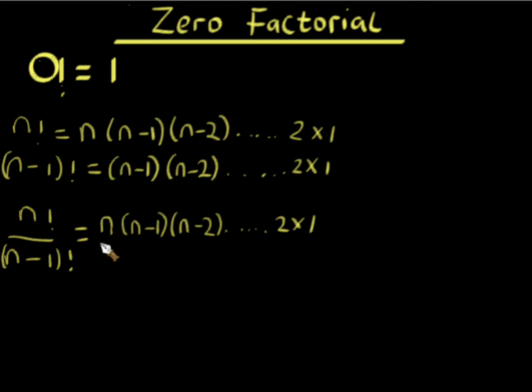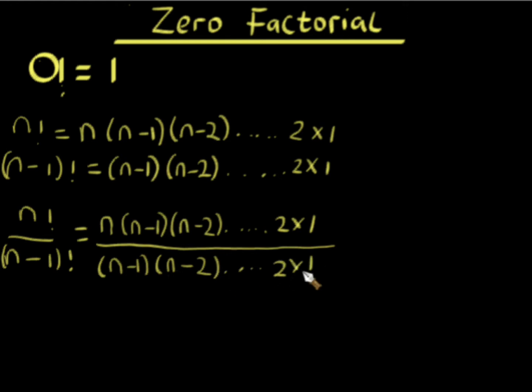At the denominator, we are going to have the values for n minus 1 factorial, which was n minus 1 multiplied by n minus 2 down till you get to 2 times 1, right?